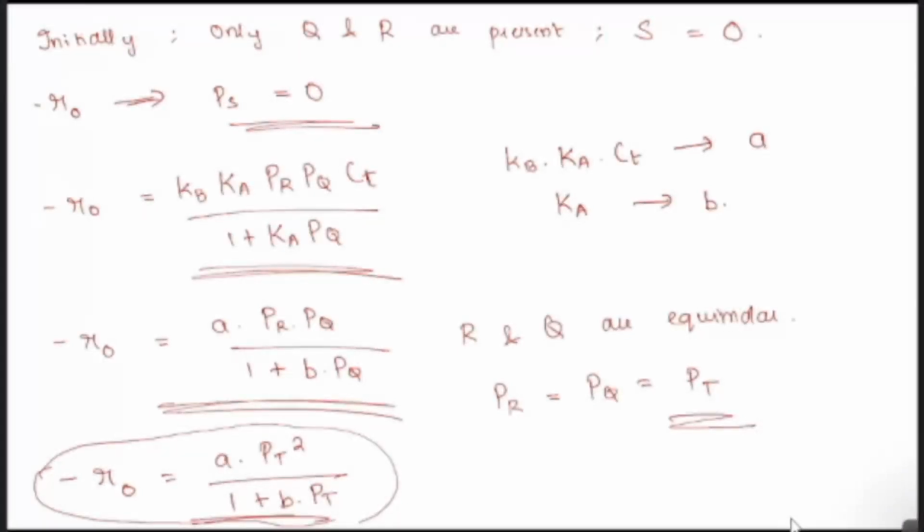So our initial rate equation will become minus R0 equal to A into PT square by 1 plus B into PT. Now this is our required initial rate and this is the same as option C given in the question.